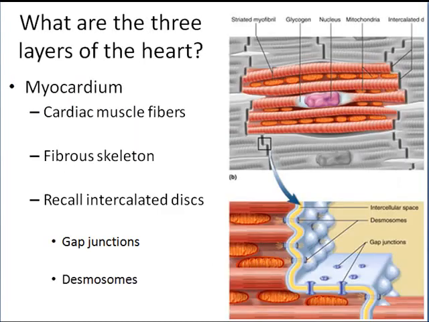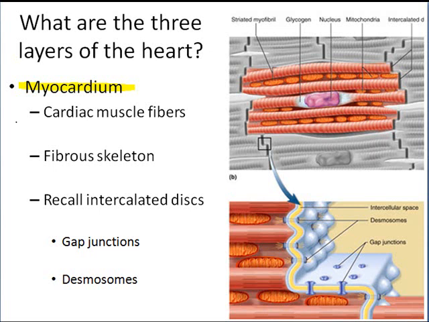Next layer in is the most substantial, or the thickest layer by far, and that is the myocardium. The myocardium is made up of cardiac myocytes, and you'll remember from histology in 201, we have three different types of muscle cells: skeletal muscle cells, smooth muscle cells, cardiac muscle cells. Cardiac muscle cells, or cardiac muscle fibers, or cardiac myocytes, are all interchangeable terms, are unique because of several features.